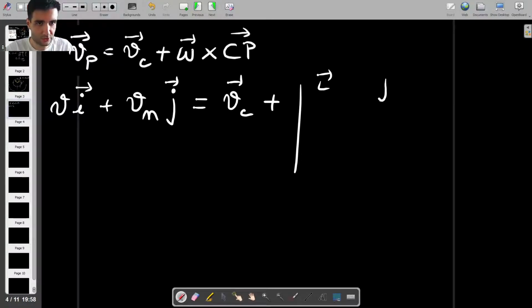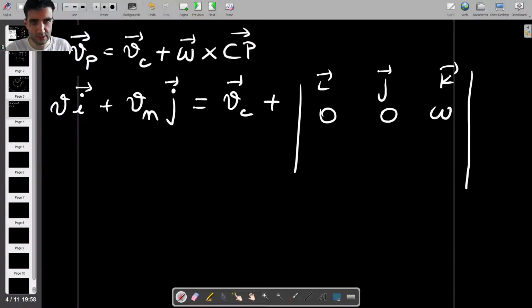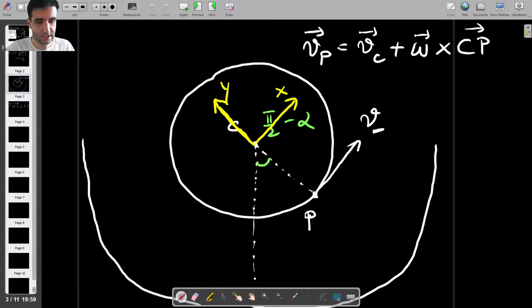and then we have our determinant, which is i, j, k, and then omega, which is what we're trying to find out, and it's only having a z component, and then CP. So CP only has a y component because it's measured from here to here.